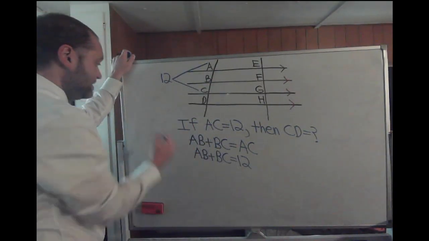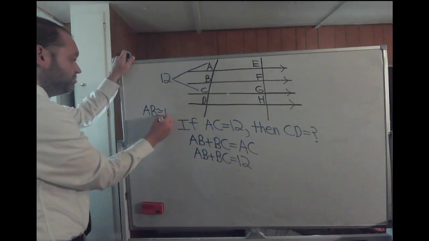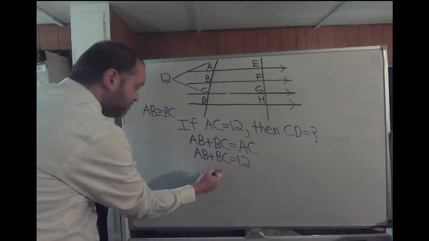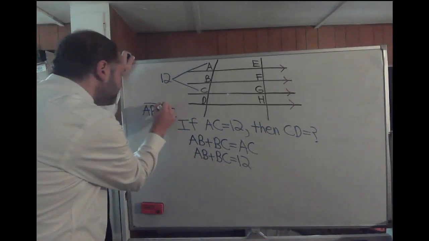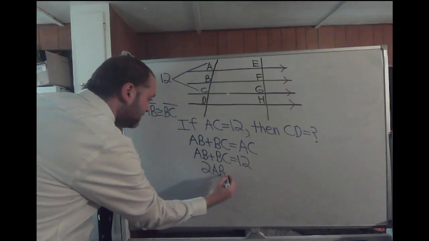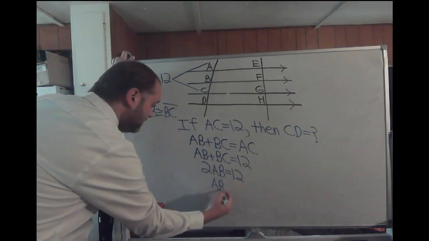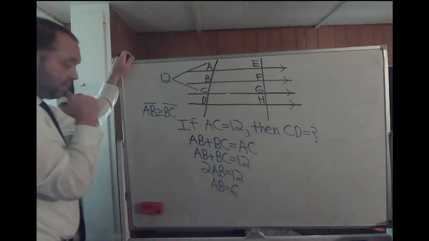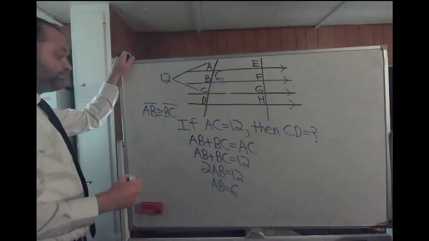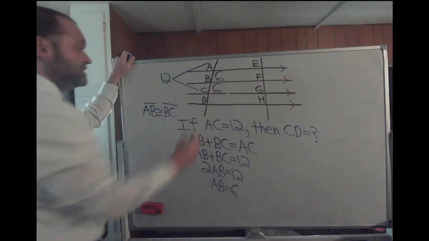So that means we can say AB is congruent to BC. So really, we can substitute AB in for BC. So you just end up getting 2AB equals 12, which would then give you that AB equals 6. So AB itself would equal 6, which means since AB and BC are congruent, BC would also be 6.